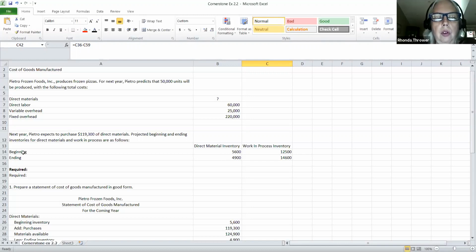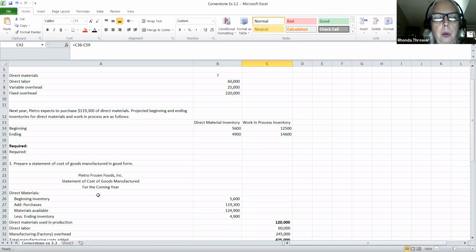And then this period, we would have to count our inventory too. We use these items on the cost of goods manufactured to help us to determine the amount of the direct materials used. You need to be able to determine the amount of the direct materials used first when you're preparing a statement of cost of goods manufactured.